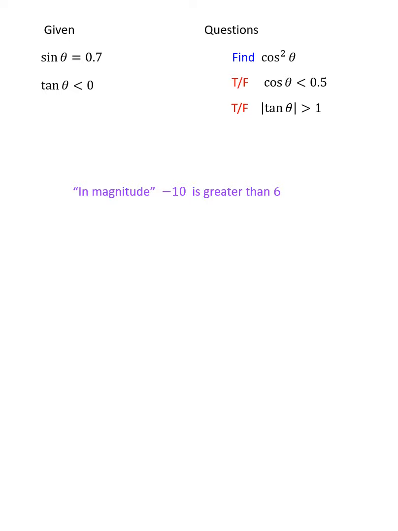Of course, it's not true if I remove the phrase "in magnitude." The statement -10 is greater than 6 is not a true statement. But in magnitude, meaning the distance from 0 or the absolute value, just considering the numbers themselves, not the plus or minus signs, 10 is a bigger number than 6. So in magnitude, we would say -10 is greater than 6.